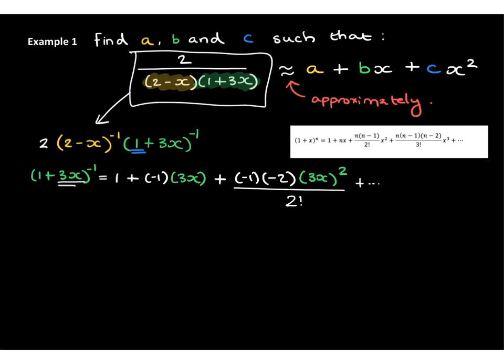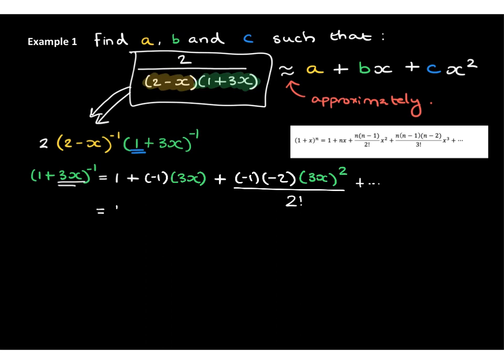Now, that means that I don't really need to produce terms which go beyond a power 2, particularly because we know that this expression here is equivalent to the product of these two expressions in yellow and green, and that means I don't need to go higher than a term in x squared, because when I multiply these terms together, I only want to keep terms going up to a value of x squared. So I'm going to stop here, and then I'm going to simplify this.